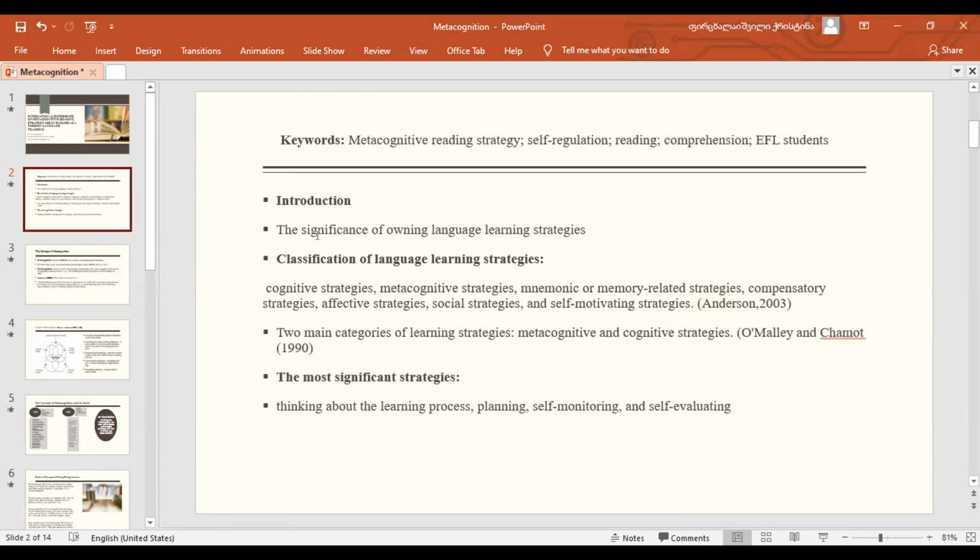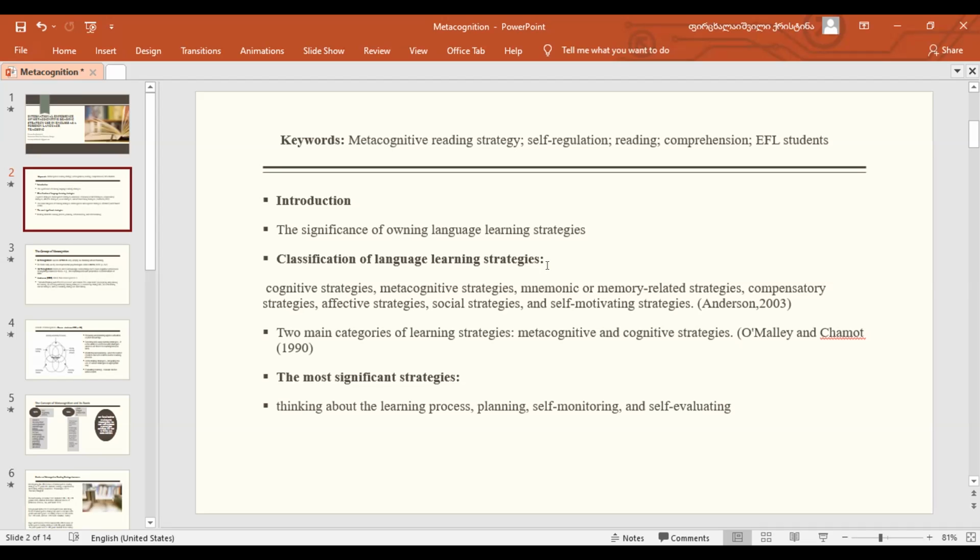The significance of online language learning strategies is increasing because language learning has become more important nowadays, and we have to teach our students how to learn, how to save their time, and how to learn a language better and in a shorter period, especially a foreign language.